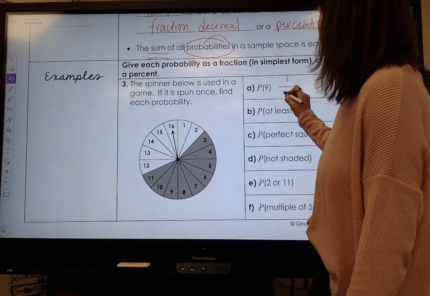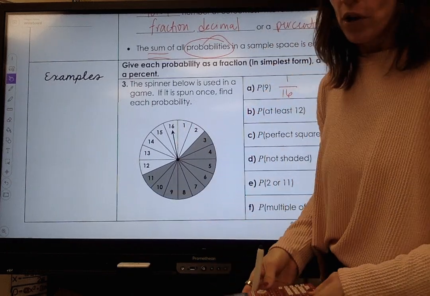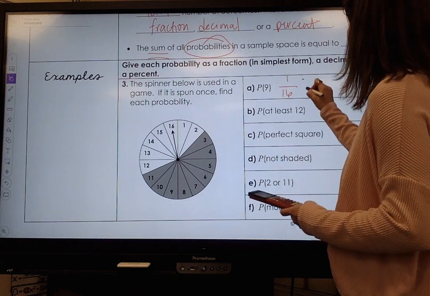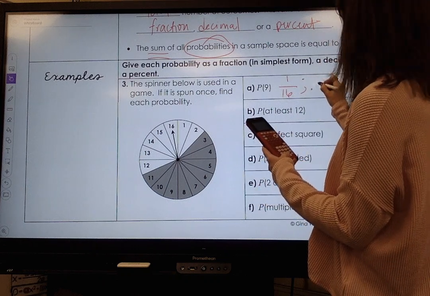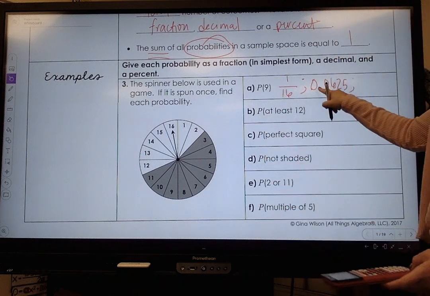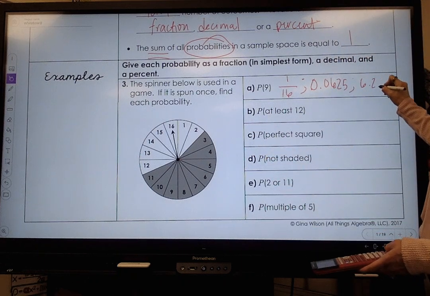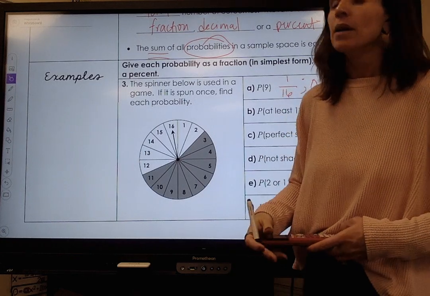So there are 16 outcomes. So a 1 out of 16 chance. Now remember, you can express it as a fraction, and then if I divide 1 by 16, I can express it as a decimal, and then I can also express it as a percent. So all of these mean the same thing.